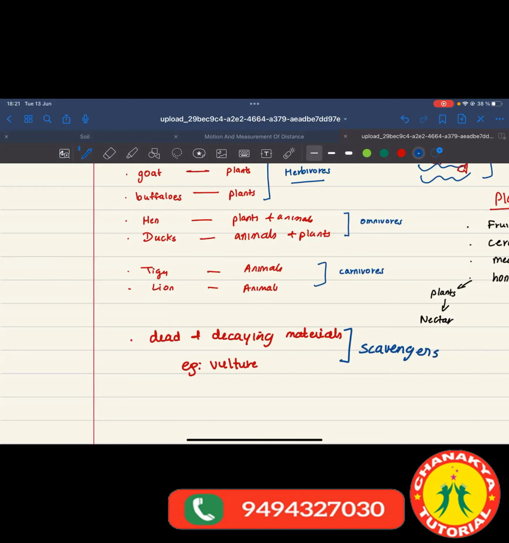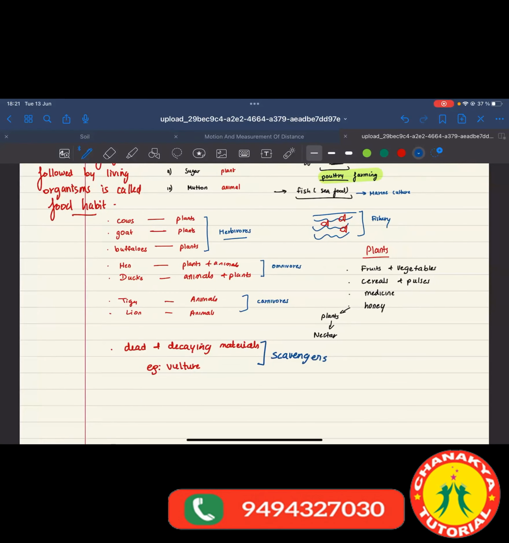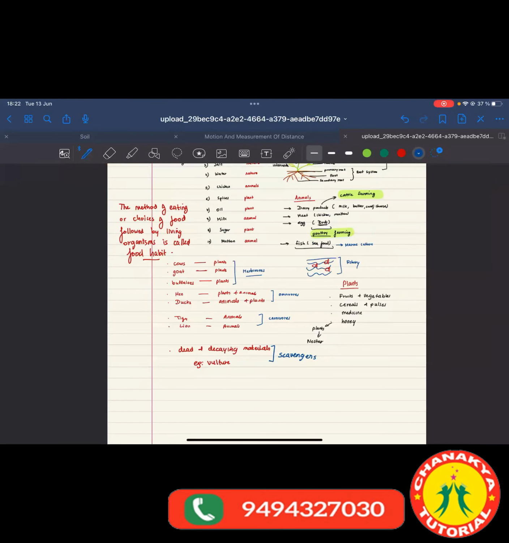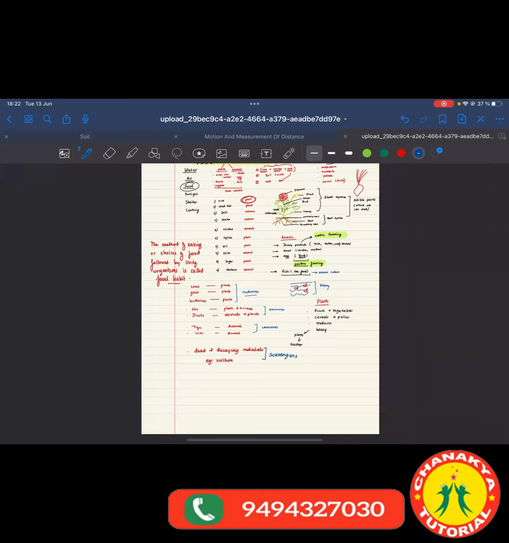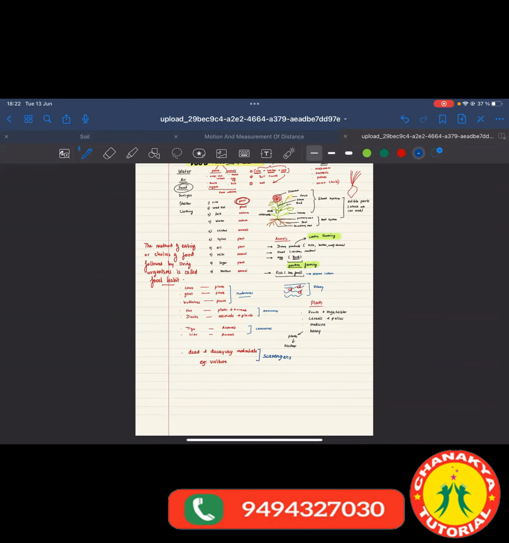Am I clear, Advika? Yes. So mostly anything that is dead or rotten, only they'll consume. That is how their body is designed. Ma'am, what if the vulture gets a body that is 5-6 days old and has some germs, will it eat?